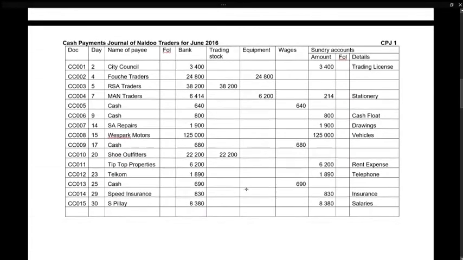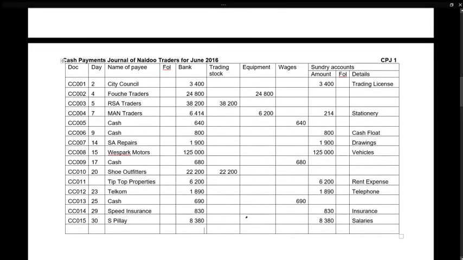Then let's quickly total my cash payments journal. If you total bank, you will get an amount of 242,024 rand. If you total trading stock, you will get 60,400. If you total equipment, you should get an amount of 31,000 rand.